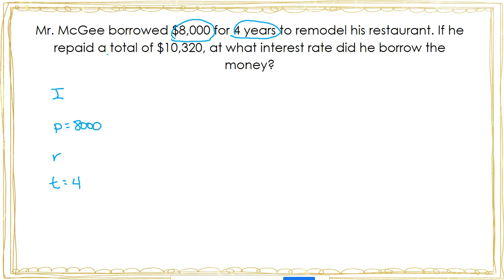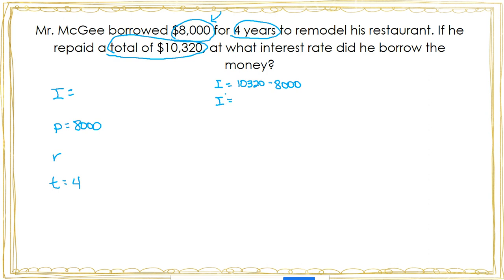Then we have to be careful here. He repaid a total of $10,320. Well, we have to remember that when we repay the money, we're repaying the original principal amount plus the interest. So 10,320 is not the amount of interest, it's the amount that he paid total. Well, I know that to find the interest, I would subtract the principal amount he borrowed from the total amount that he paid to find out how much he paid in interest.